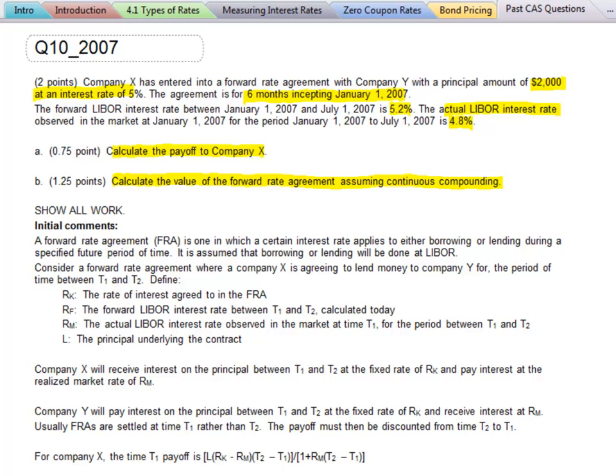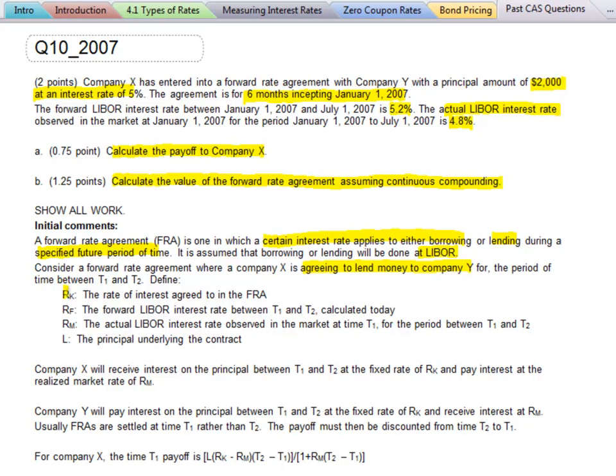Some comments before solving this problem. A forward rate agreement is one in which a certain interest rate applies to either borrowing or lending during a specified future time period. It is assumed that the borrowing or lending will be done at LIBOR. Consider a forward rate agreement where Company X is agreeing to lend money to Company Y for the period of time between T1 and T2.